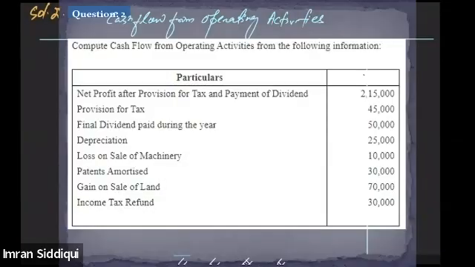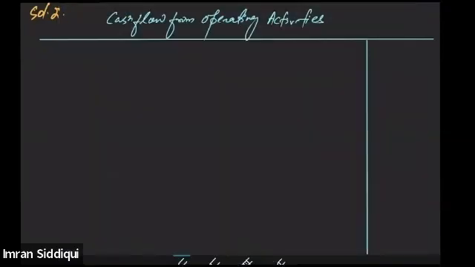So first thing which is given in the question is the net profit, right? Net profit is given as 2,15,000.